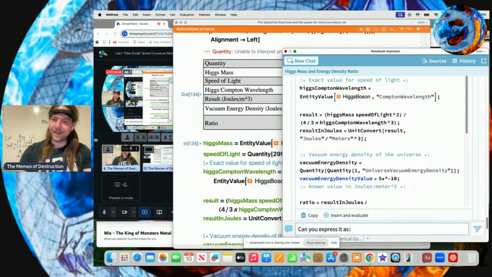Express it as a number with an exponential power, or not.